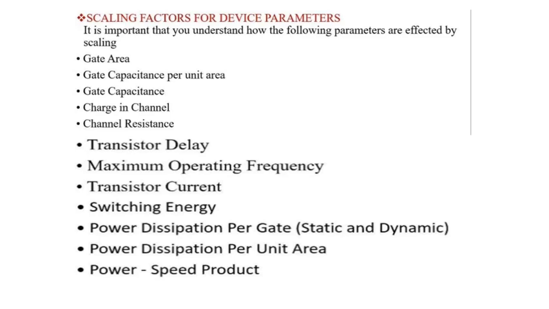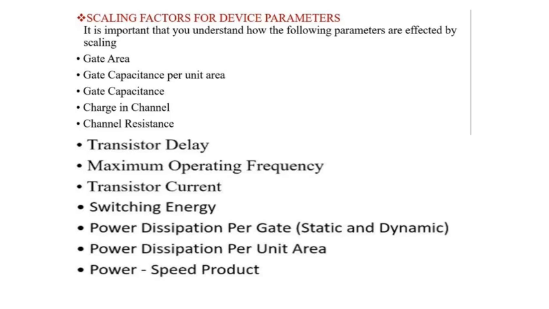Okay, so scaling factors for device parameters. You need to understand that these different device parameters are going to be affected by the scaling process: gate area, gate capacitance per unit area, overall total gate capacitance, charge in the channel, channel resistance, transistor delay, maximum operating frequency, transistor current, switching energy, power dissipation per gate, power dissipation per unit area, power speed product.